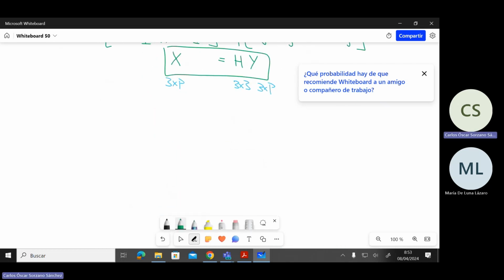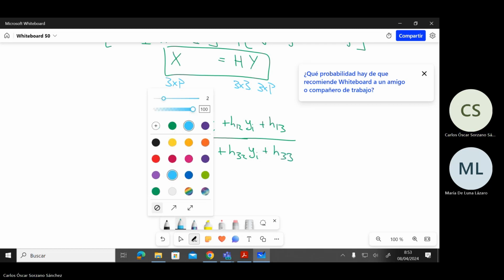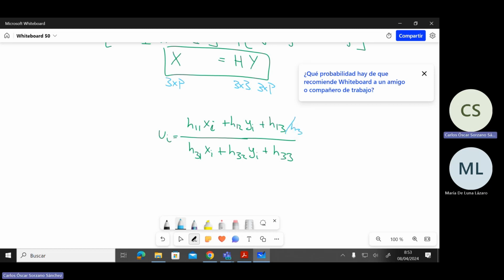So we had one of the equations: u_i is equal to H11 x_i plus H12 y_i plus H13. Now we divide by H3 everywhere. So if we divide this by H3, we divide this by H3.